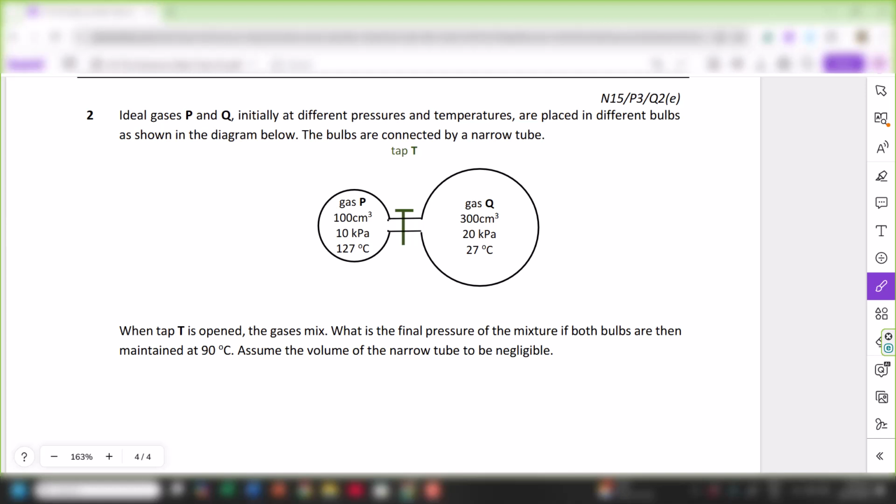When I open the tap, the gas mixes, what is the final pressure? If both bulbs are maintained at 90 degrees Celsius, the final temperature is also different. And you are assuming that this portion has negligible volume, which doesn't really matter here.